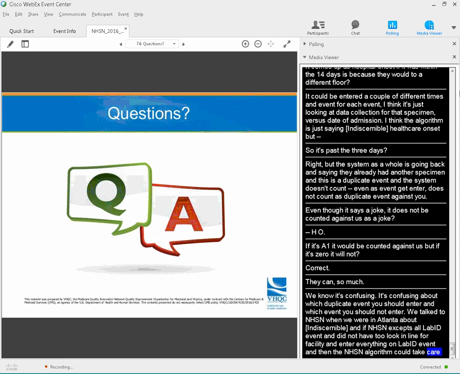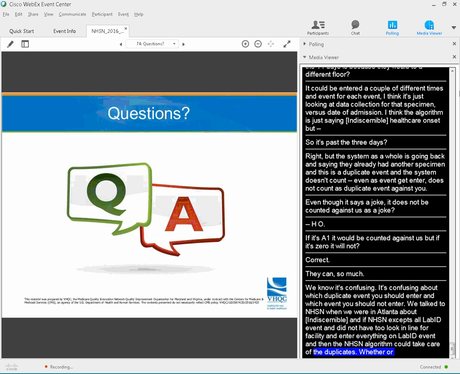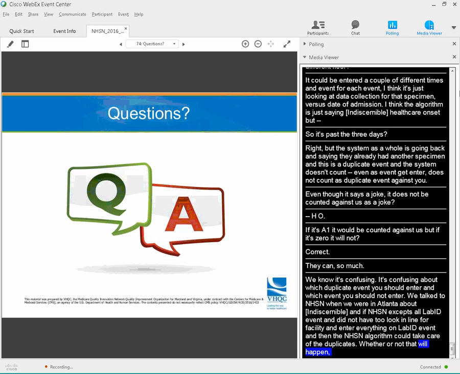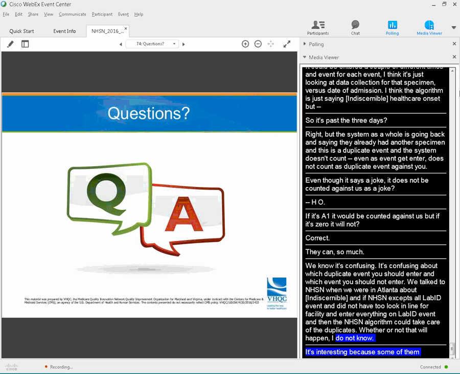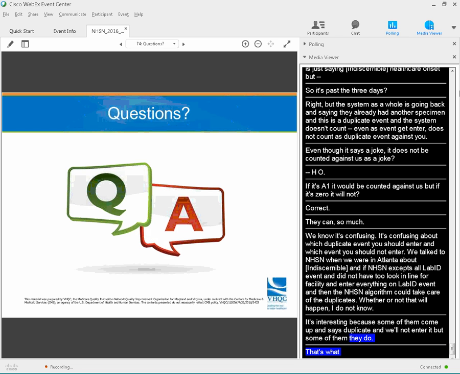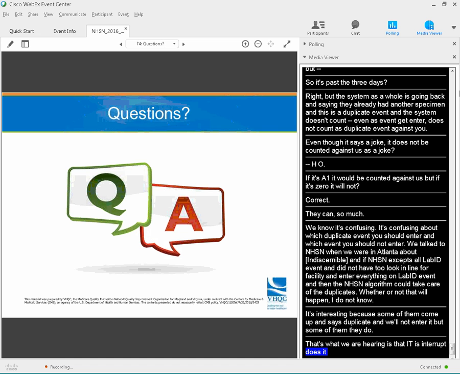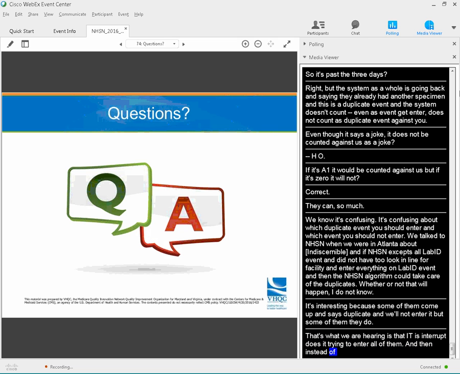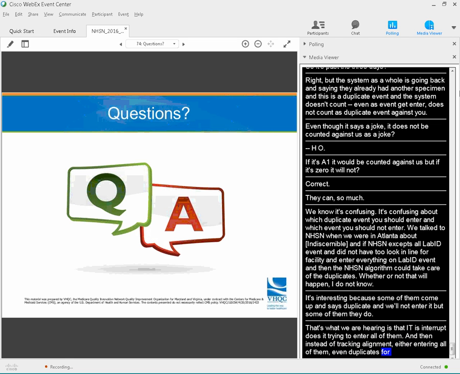Yeah, it's interesting because some of them come up and it says duplicate and it won't enter it, but then some of them do. Yeah, that's what we're hearing, that instead of tracking a line list, IPs are entering all of them, even duplicates for the same patient, same location, and just seeing which ones NHSN will save.